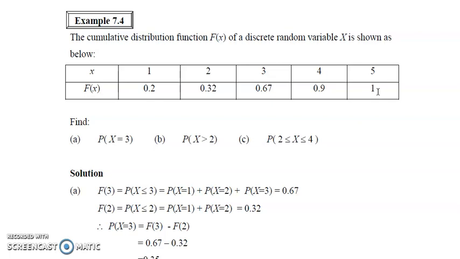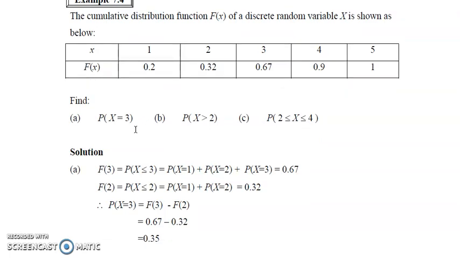So the first question, for this example 7.4, they're already given the CDF and we want to find a specific PDF. You may put some notes there. The first question asks for the probability of x is equal to 3. Do not put the answer as 0.67. The question is asking for the PDF, not the CDF.